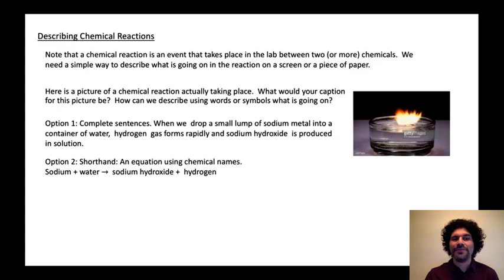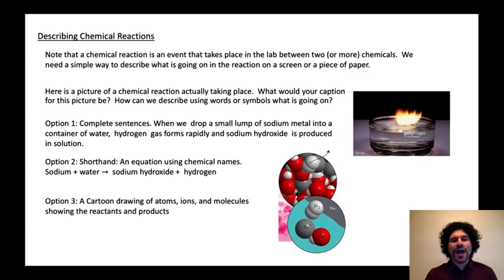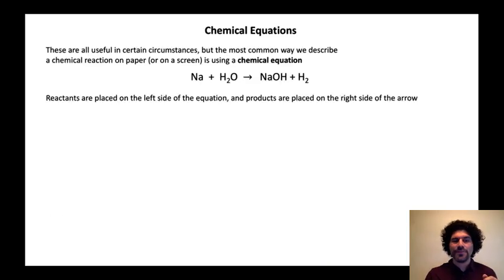Another option could be a cartoon drawing. We can draw the atoms, the ions, and the molecules that are participating in this reaction, showing the reactants and showing the products. All of these are useful in certain circumstances, but the most common way we describe a chemical reaction on paper or on a screen is to use a chemical equation.